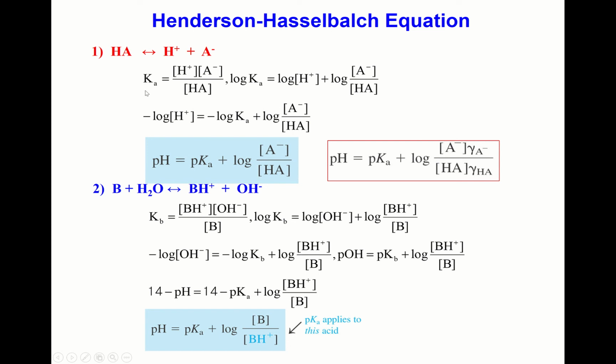Let's first consider the weak acid case. Ka is given by this expression, and taking the logarithm on both sides, log Ka equals log of the proton concentration plus log of A minus divided by HA. Then by taking the negative sign on both sides, we get this one right here.